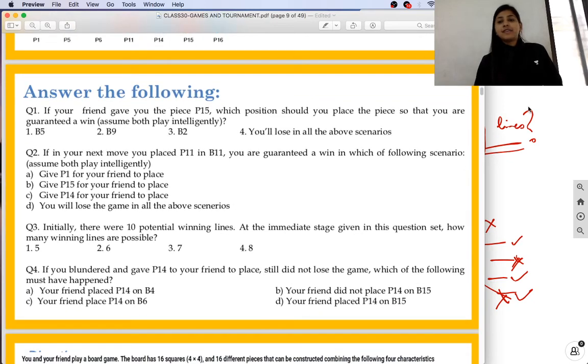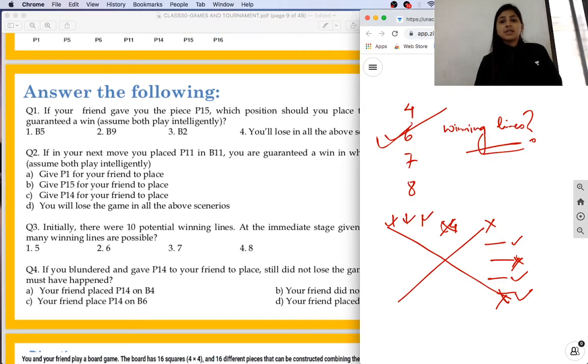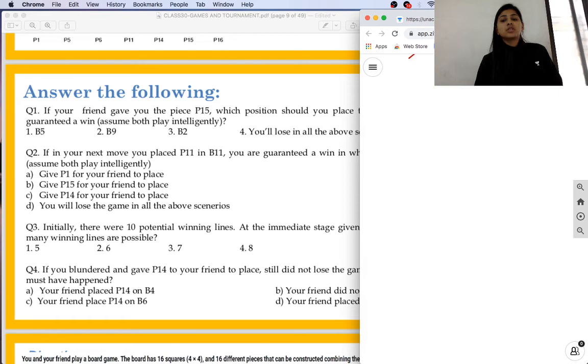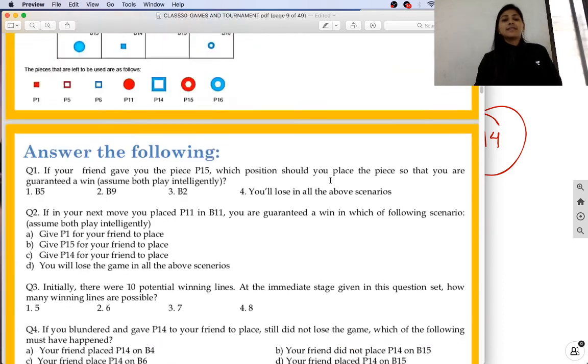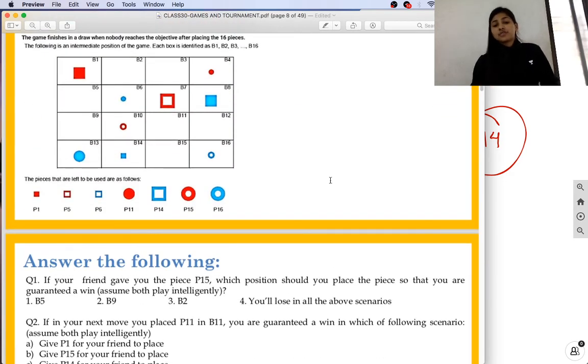If you blundered and gave P14 to your friend to place and you still did not lose, what did your friend do? You blundered and gave P14 to your friend. Why is that a blunder? Check that first.